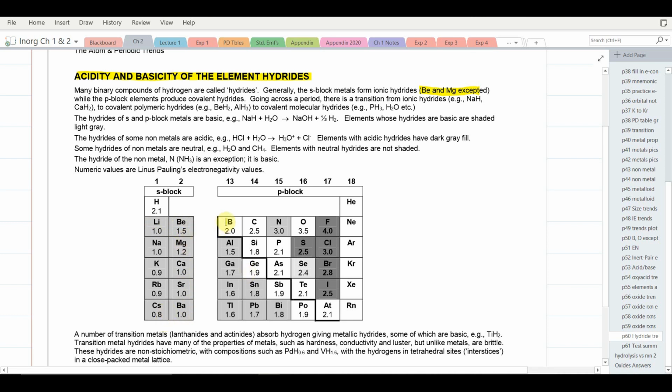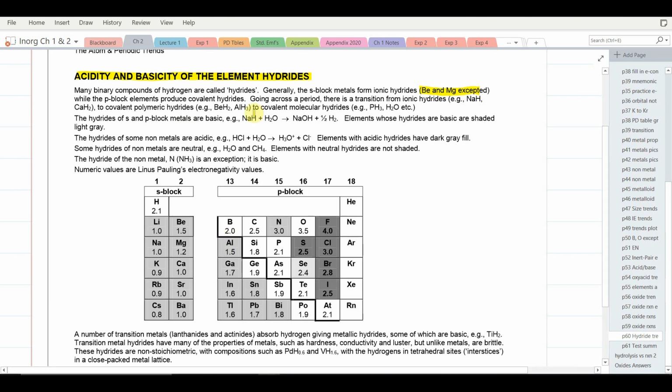P block elements produce covalent hydrides, and going across a period, there's a transition from ionic hydrides, like sodium and calcium hydrides, to covalent polymeric hydrides. In fact, beryllium and aluminum hydrides are actually polymers. They're longer than usual compounds.